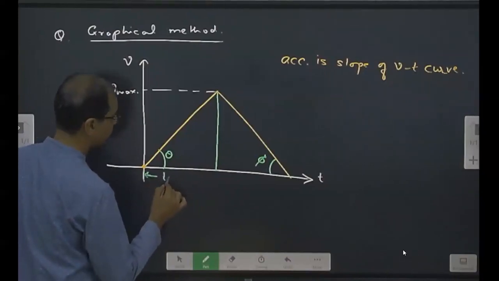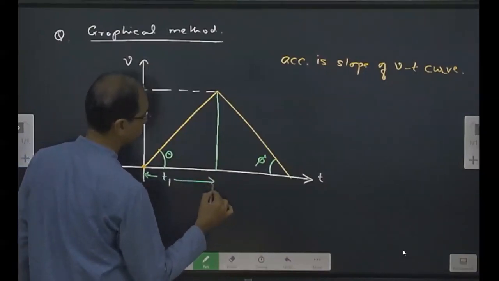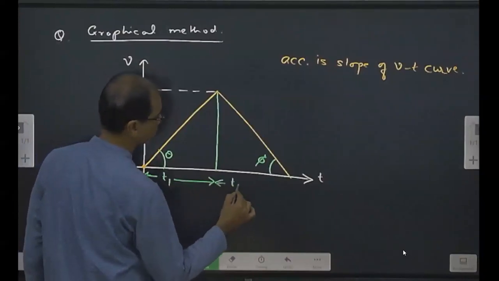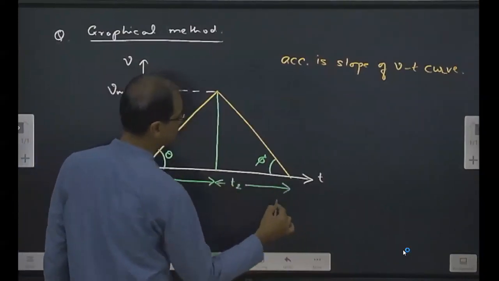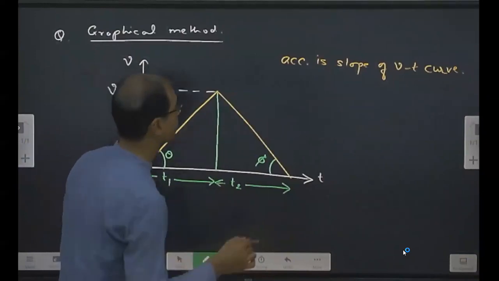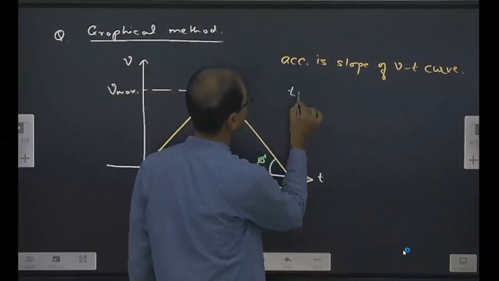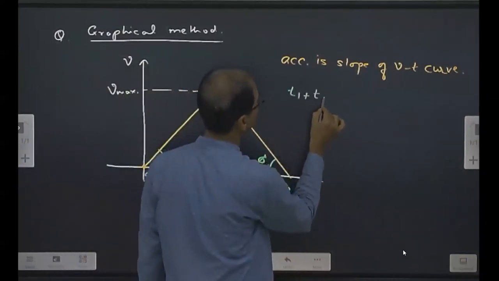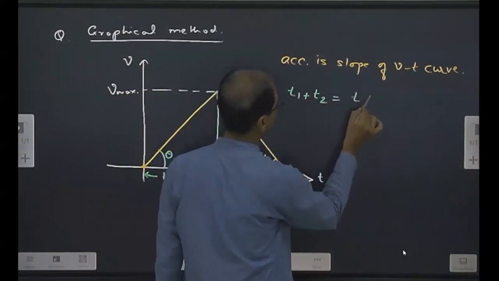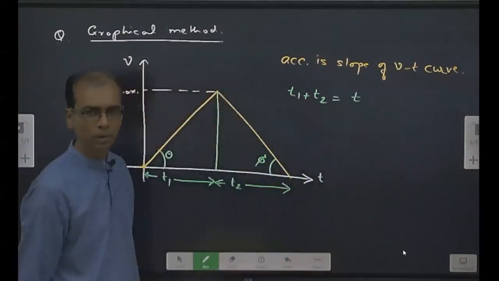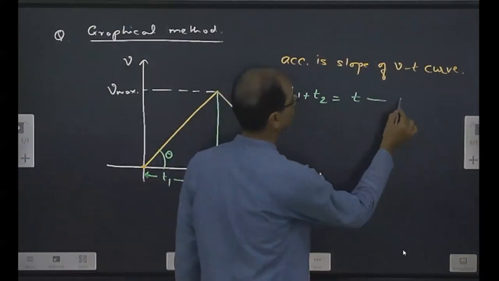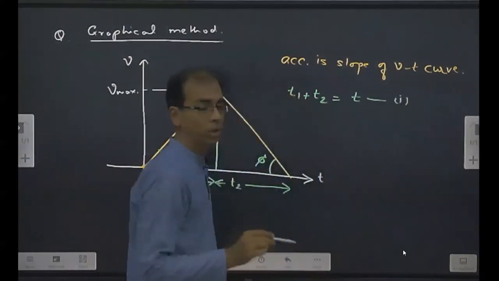Acceleration happens for some time, let's say T1, and retardation for T2. In the question, it was given that the total time taken is T. That means T1 plus T2 is T. Equation number 1.